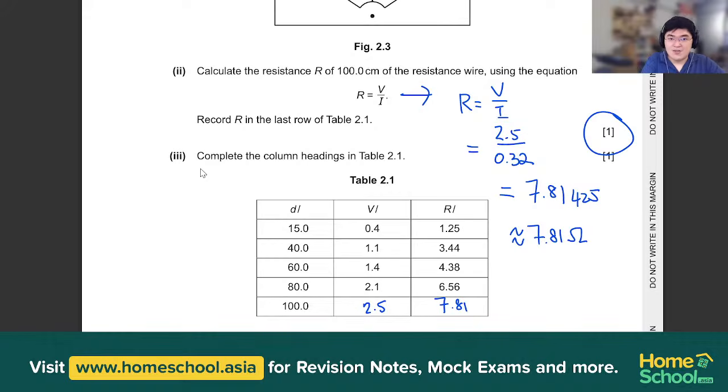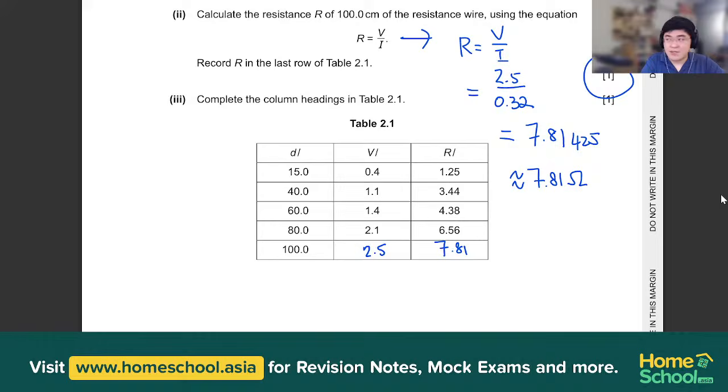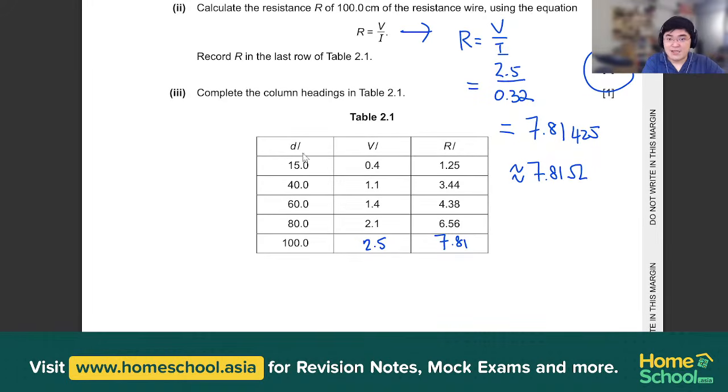And also, we are to complete the column headings in table 2.1 in part 3. What does it mean? The column headings are over here. What are the units for these table headings? First things first, the first thing here is distance.